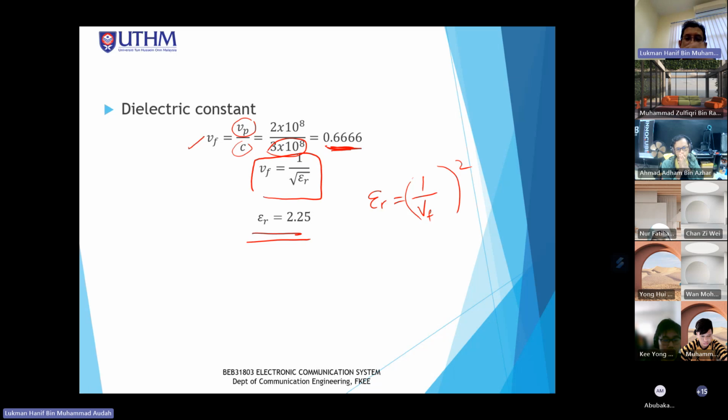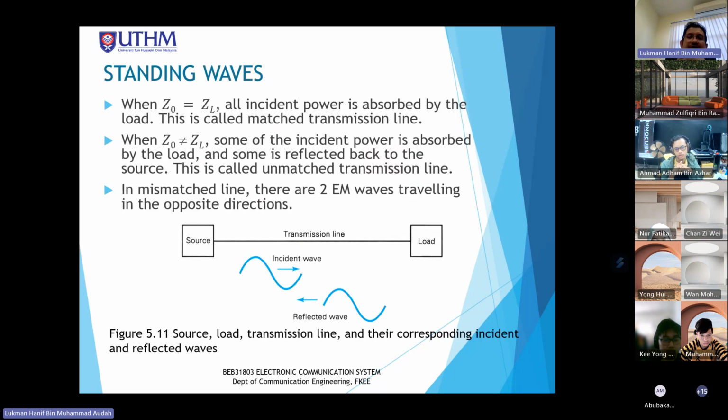If there is no question, I will move to the next topic, which is about the standing wave. In Malay we call it gelombang berdiri.